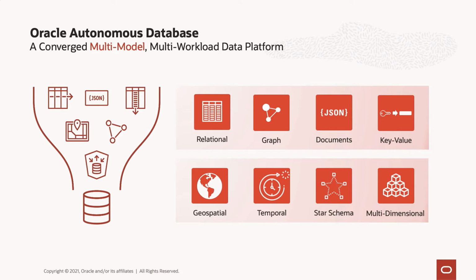Want to find a customer's local pizza place? Well, we'll use spatial analytics and their nearest neighbor algorithm to do that. You want to predict churn? We're going to use machine learning. Need to recommend products? Well, we'll try the whom to follow graph algorithm. So Autonomous Database provides a very powerful platform to do all of these types of analytics.